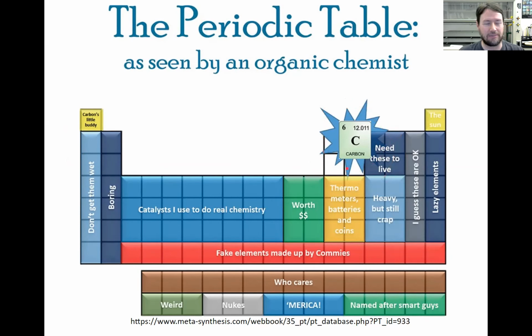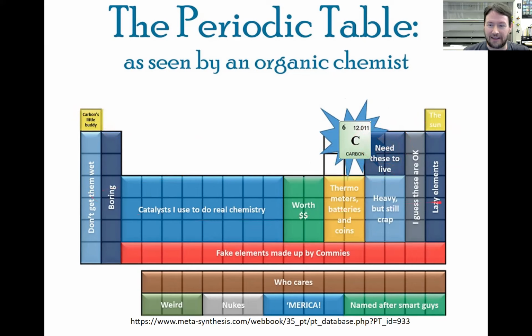That's maybe the most important chemical element for life as we know it. There's carbon's little buddy up here in this corner, also known as hydrogen. Over in the other corner is the sun, also known as helium, which is that atom we were looking at before. Then there's this block of elements where we need these to live. So those are also going to be important for our studies this term.